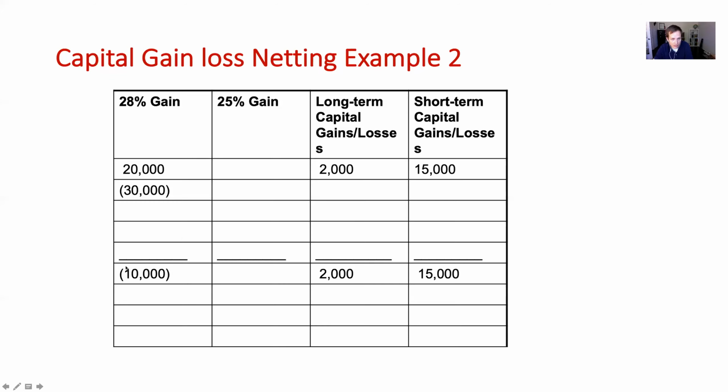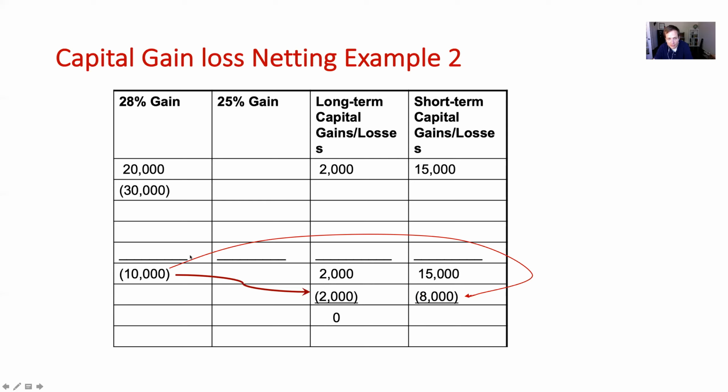So this loss would next move down to the 25% category, but there's nothing here. So I'm going to next move it down to the next highest long-term category. And so I can use $2,000 of that collectibles loss to reduce that long-term capital gain. I've used 2,000, there's $8,000 left of this 10.